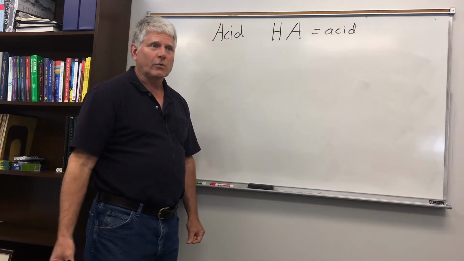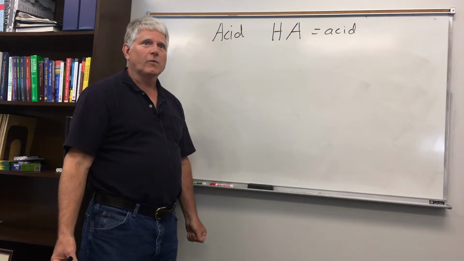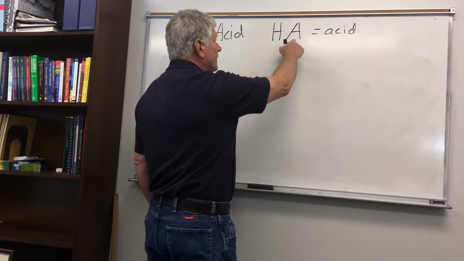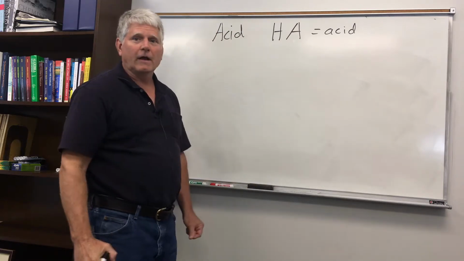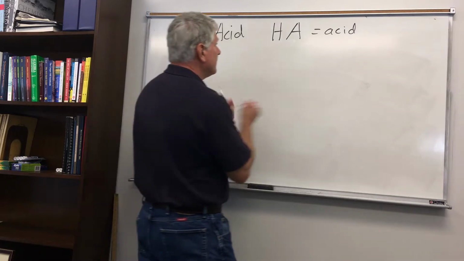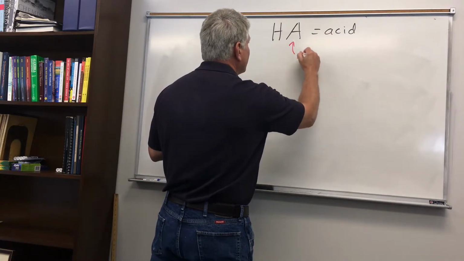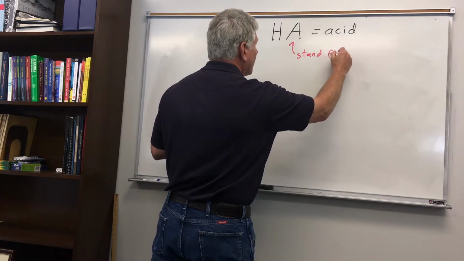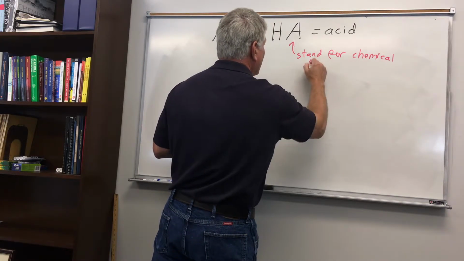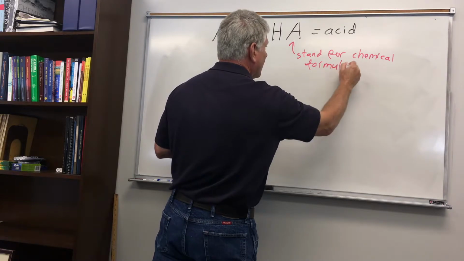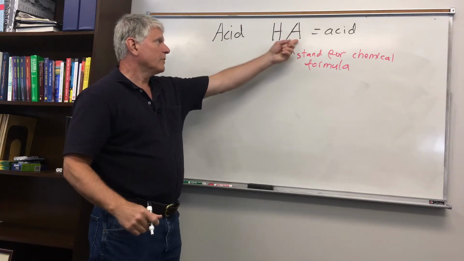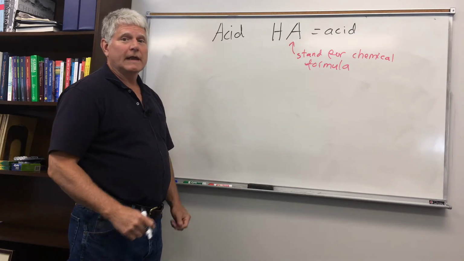We could have hydrochloric acid, or it could be some other formula like acetic acid, and so this would contain carbon, hydrogen, and oxygen atoms. So we're just going to let this A here stand for some chemical formula, so we don't have to write complicated chemical formulas. I'll just write this abbreviation for an acid.